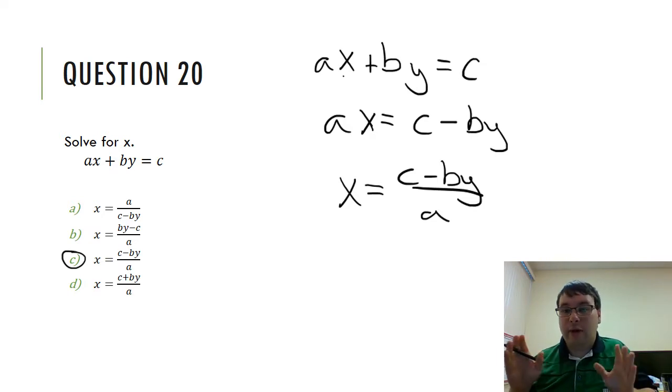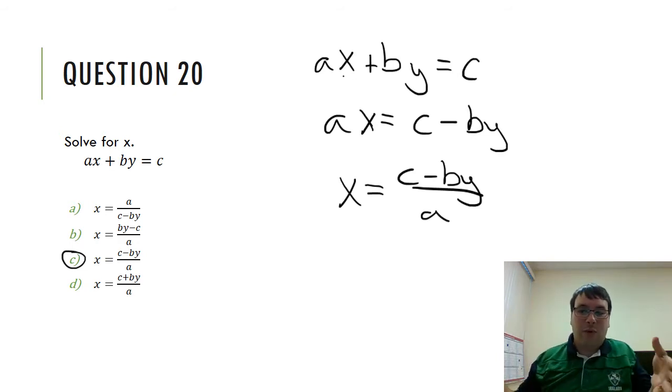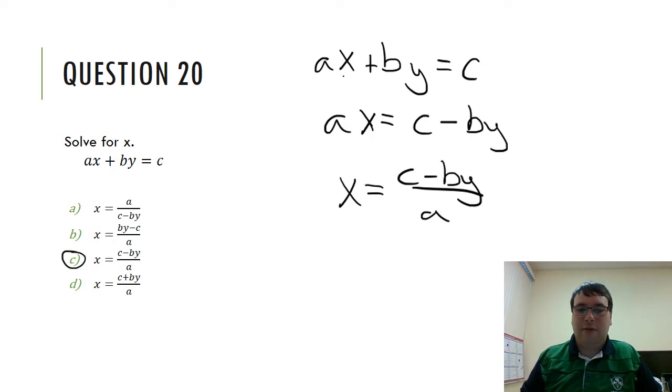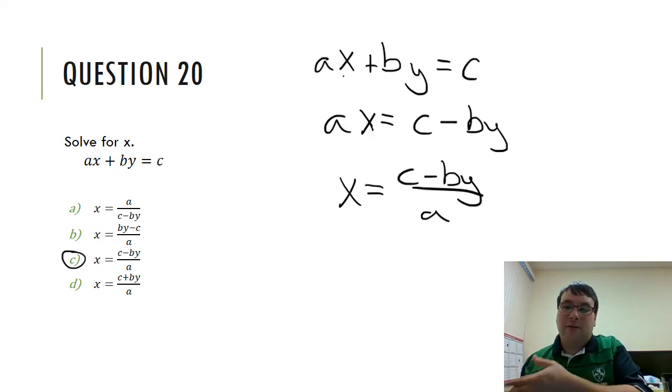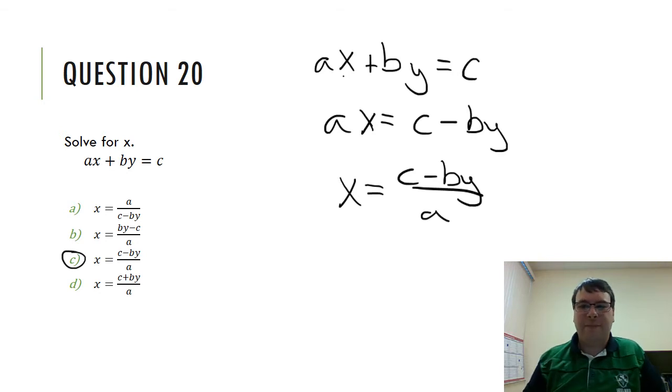Be like, all your stuff is over to the right, in a box to the right. All right. So we have ax is equal to c minus by, because we just totally pulled a Beyonce move. We moved all of that by to the box to the right. So at this point, we're solving for x.